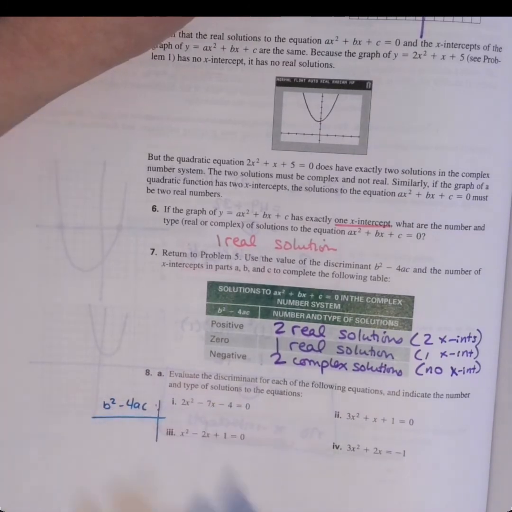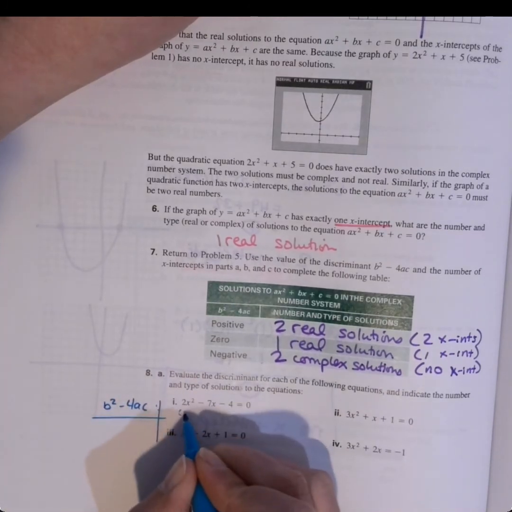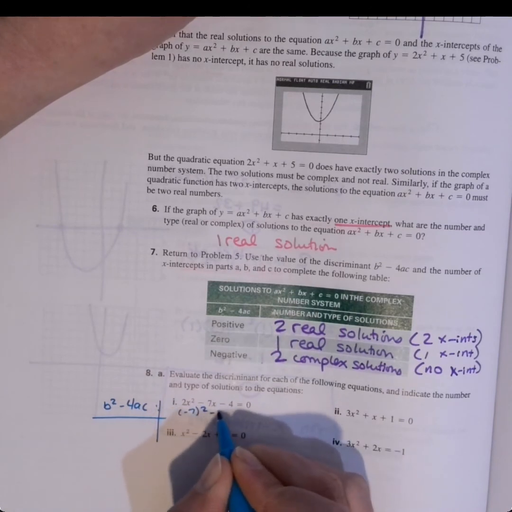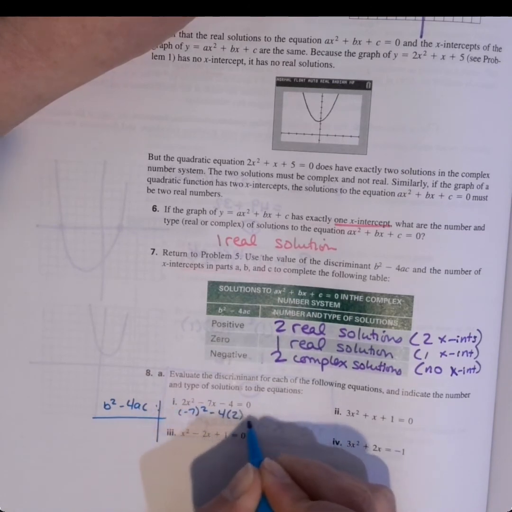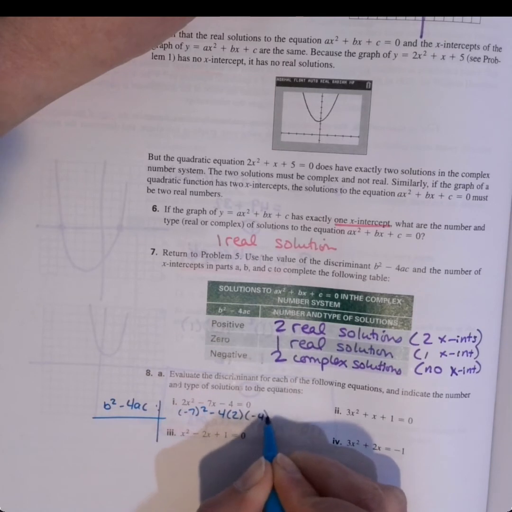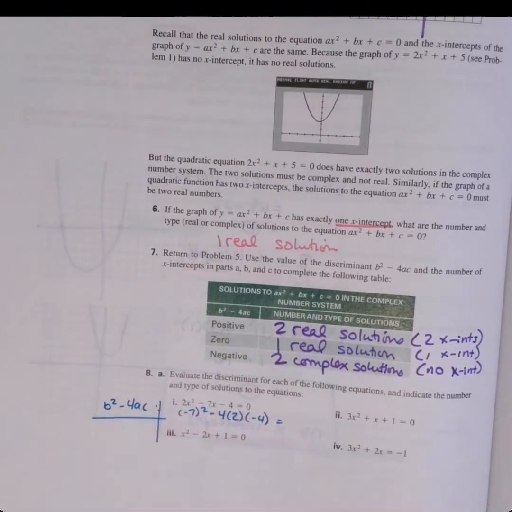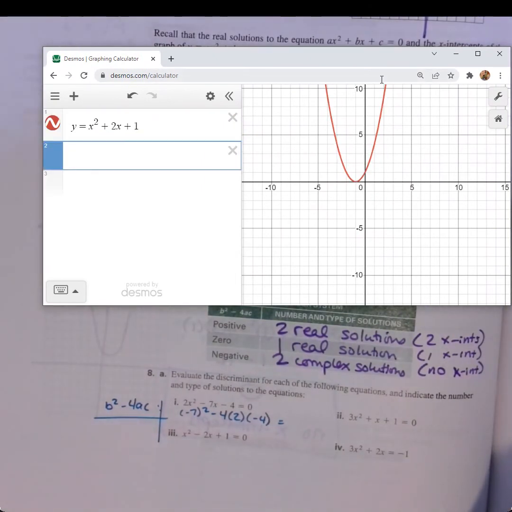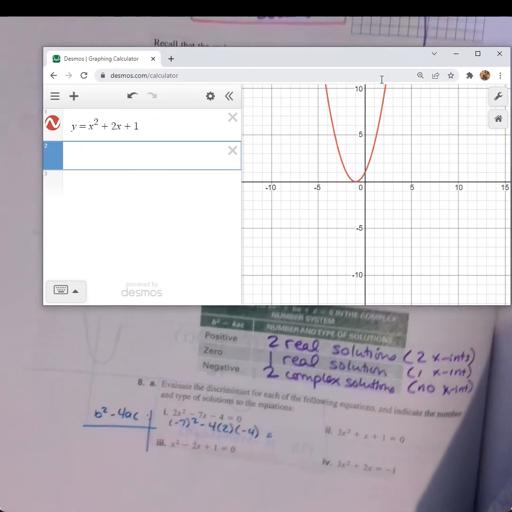All right, so for the first one, we've got negative 7 squared minus 4 times 2 times negative 4. Okay, it wants us to actually evaluate not just the sign, and that's because we're going to do part B or actually get the solutions in a little bit, so why not get the whole discriminant right now?